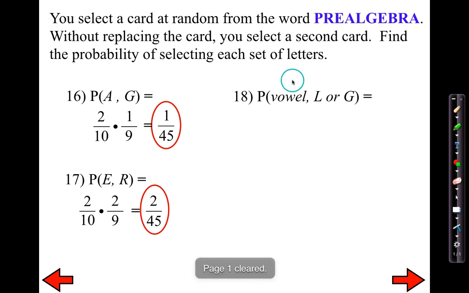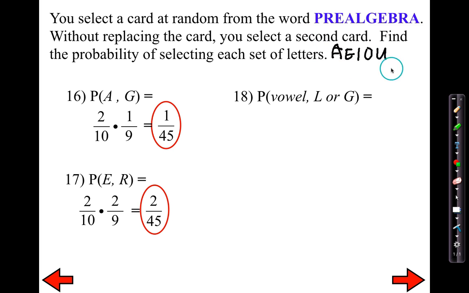Okay, now last but not least, what's the probability of getting a vowel? Vowels include A, E, I, O, U. So how many vowels are there? There's 1, 2, 3, 4 different vowels out of 10 total letters. But now assuming one of the vowels is gone, it's no longer out of 10, it's going to be out of 9. It says what's the probability of getting an L or a G? I only see 2 altogether, 1 L, 1 G, so that's going to be 2 out of 9.